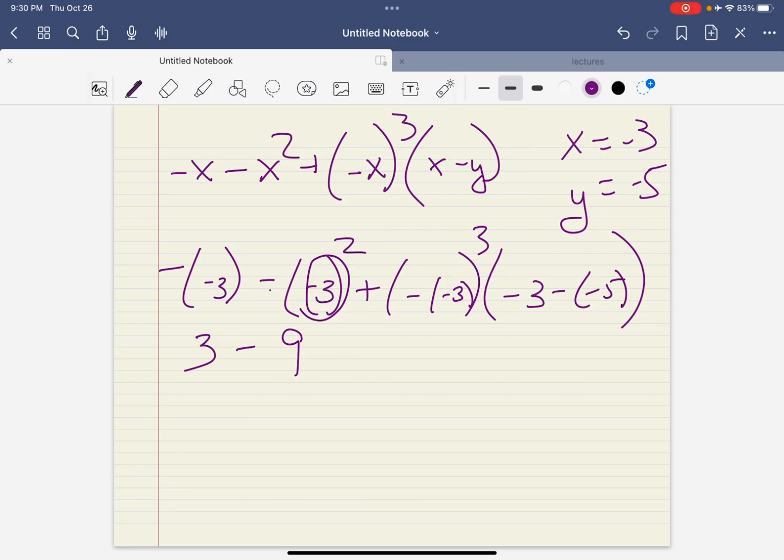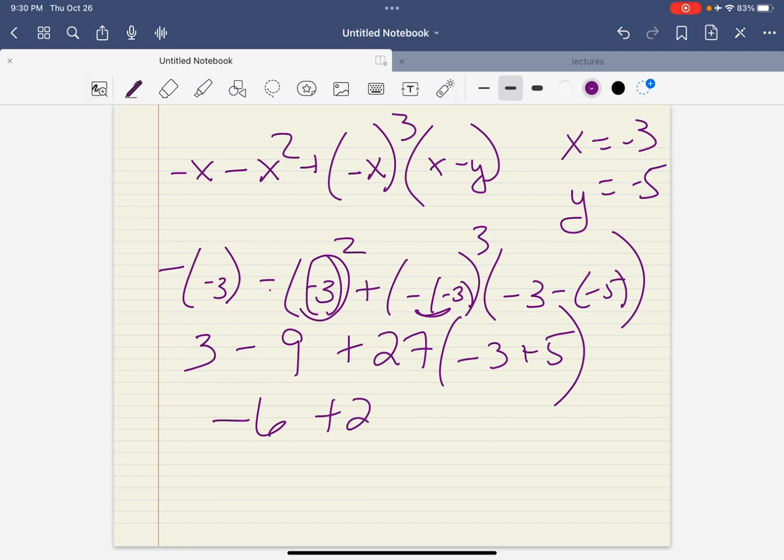And then this becomes positive 3, and 3 to the third is plus 27, and that's going to be multiplied by minus 3 plus 5. Okay, so that's a negative 6 plus 27 times 2. So minus 6 plus 54 is 48.